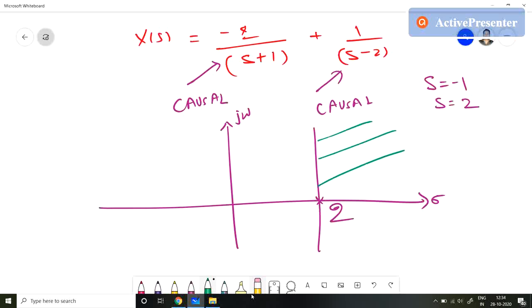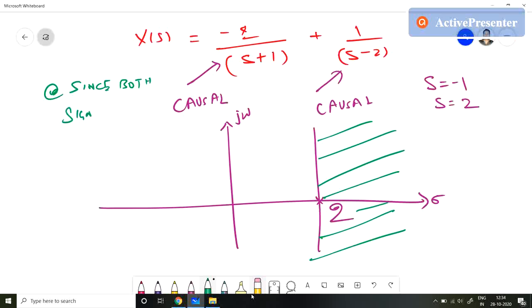So this is the ROC. Let this be x1(s) and this be x2(s).